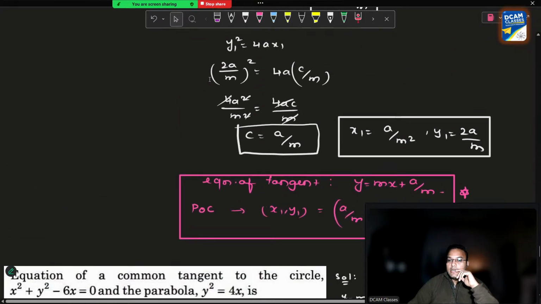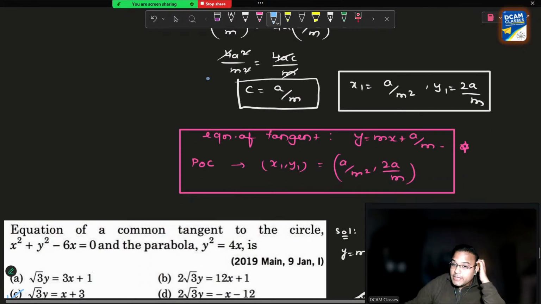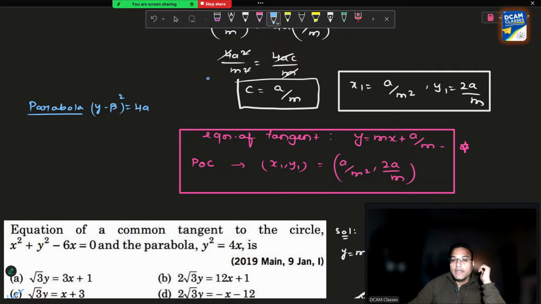One more thing I did not tell you is what happens when the parabola is of the form y minus beta whole square is equal to 4a into x minus alpha. In that case, what will be the equation of tangent? The tangent will be like the circle. You have to replace y with y minus beta. y minus beta is equal to m into x minus alpha plus a by m.